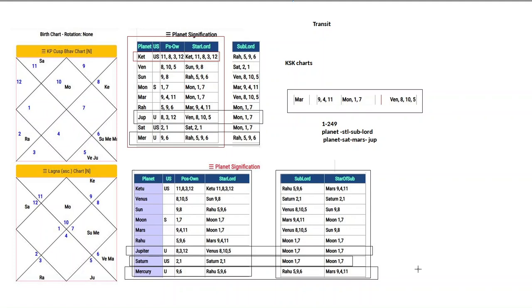In the process, sometimes you get a new insight. That is the whole idea of explaining to you the concept of sub as a significator. I hope how the sub as a significator table is prepared is clear to you, and how it is applied in the table of signification is also clear. Now you have to do your own experiments.